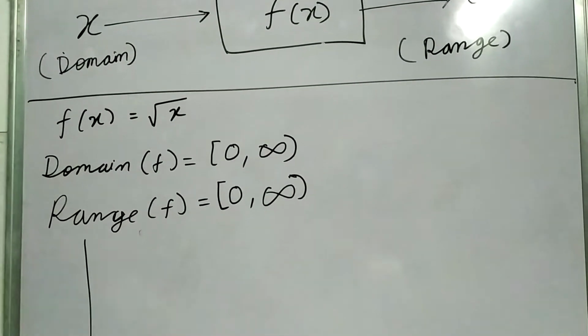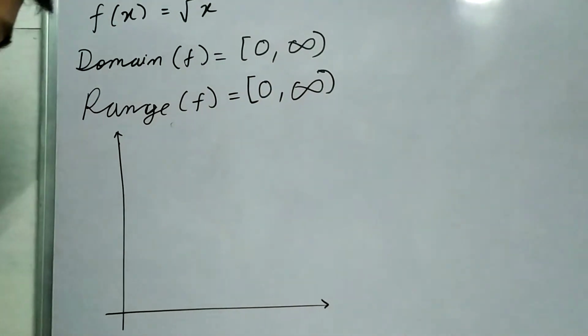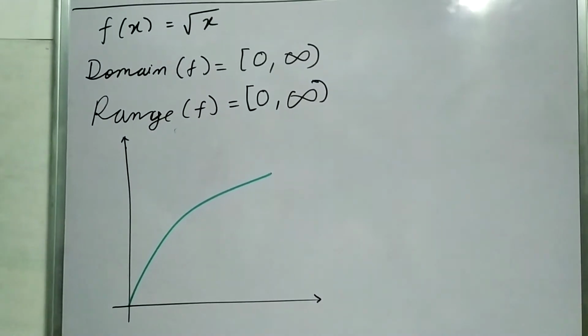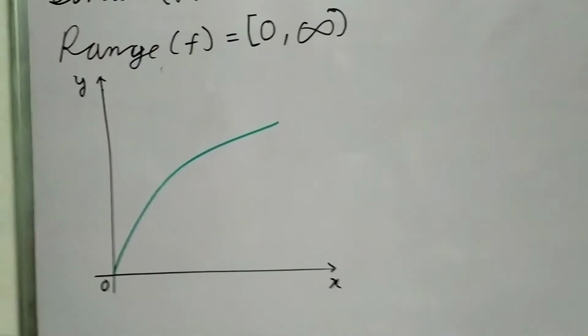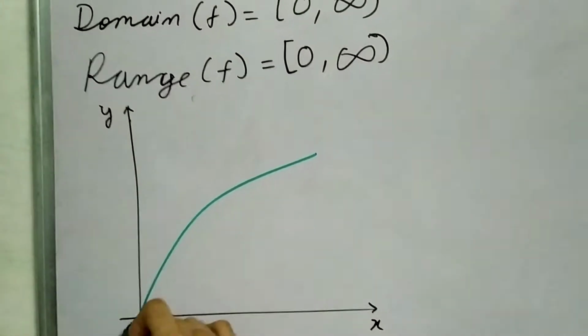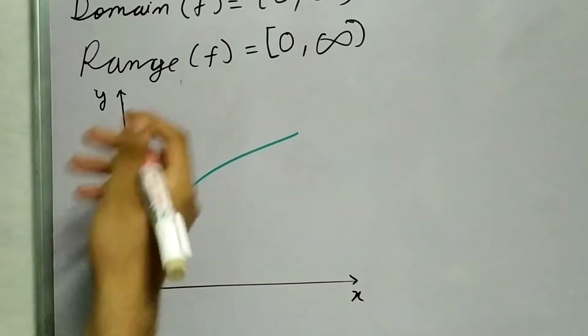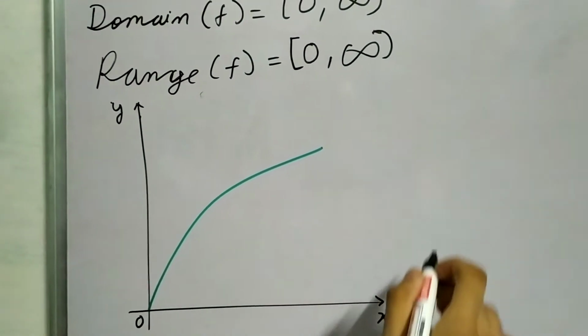You can easily see this from the graph. It's a very rough sketch, but you can see that it is increasing. At 0 it is 0, at x equal to 1 it's 1, at x equal to 2 it's about 1.4, and it goes on increasing.